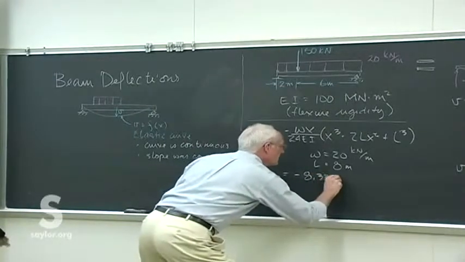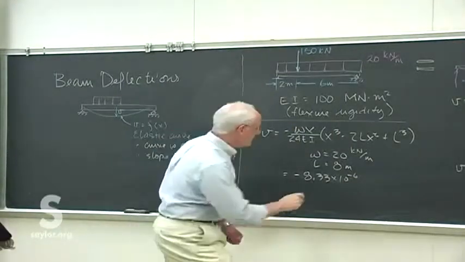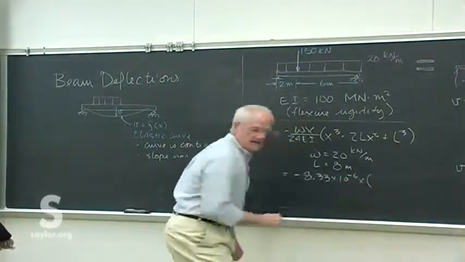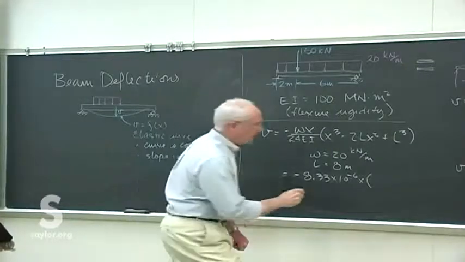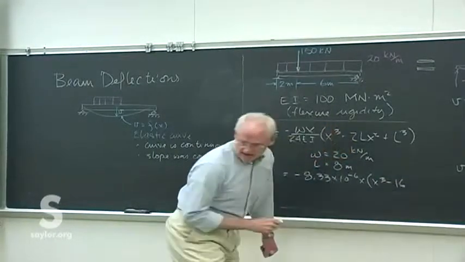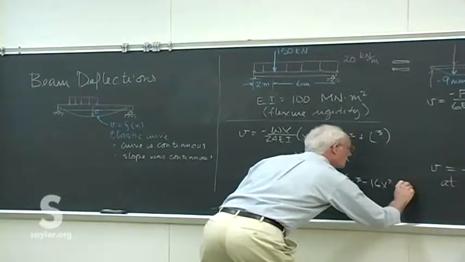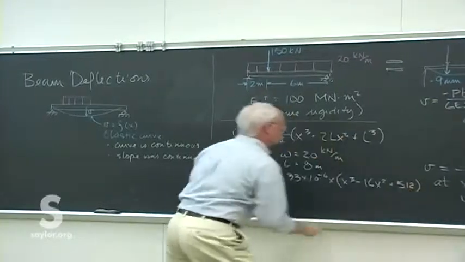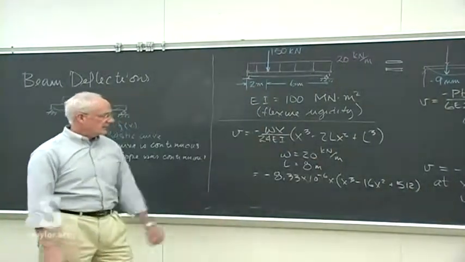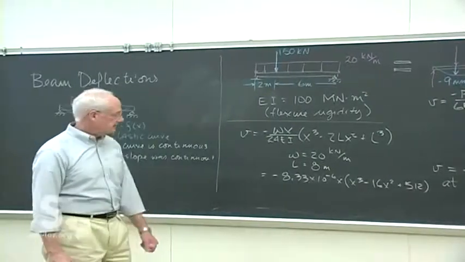Not a bad idea. Oftentimes in problems, we need to look at a couple different points of these, and so it's nice to have it in a very simplified form. x cubed minus 16x squared plus 512. That's just all of the values we've got put in, simplified, reduced, cleaned up a little bit.